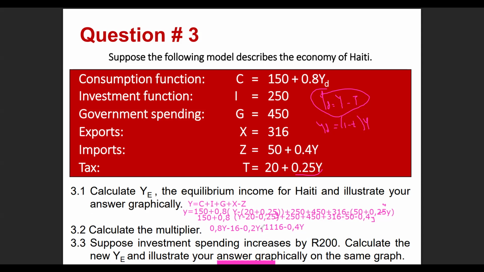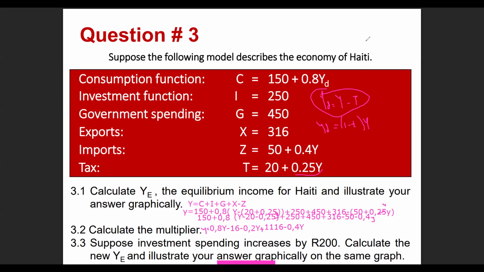This is plus. So this is Y equals Y star, guys. Please don't forget, because this is the equilibrium income. And then we just group the like terms. We're going to say 0.8 minus 0.2 minus 0.4, we get 0.2.